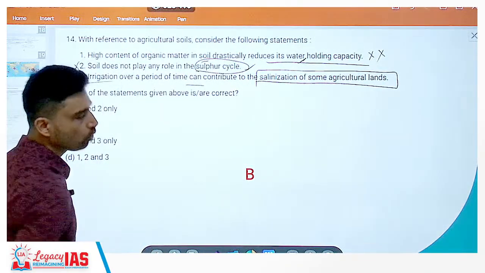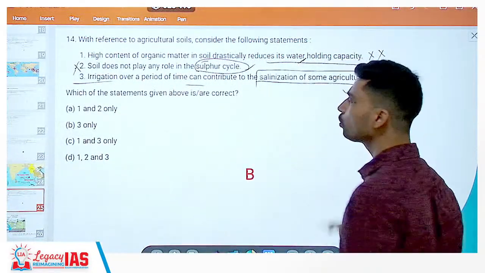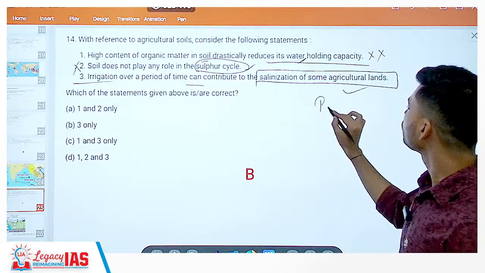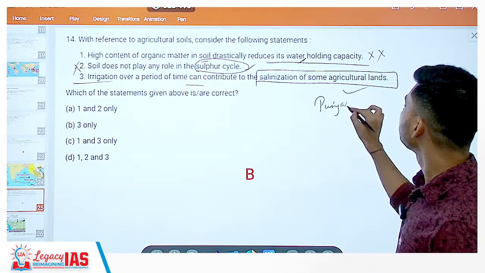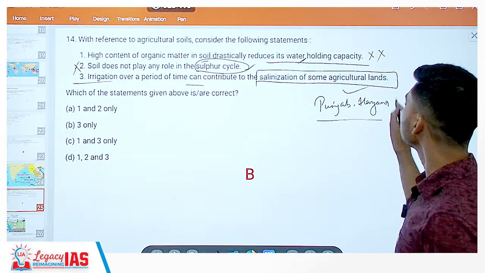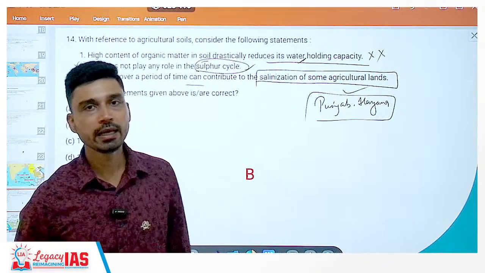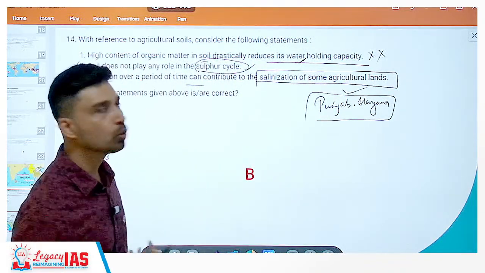Third is irrigation over a period of time can contribute to the salinization of some agricultural lands. This is also a correct statement, an example of which we can easily see in the states of Punjab as well as Haryana. So, what happens? The regions of Punjab and Haryana in India have carried out over-irrigation.